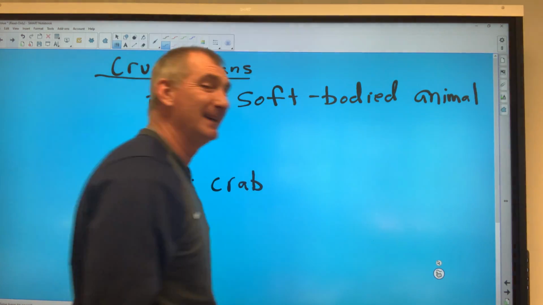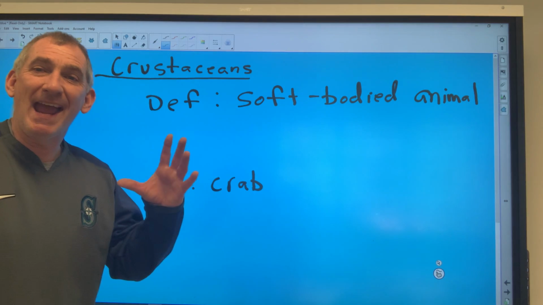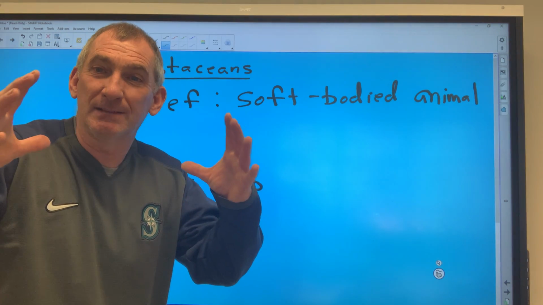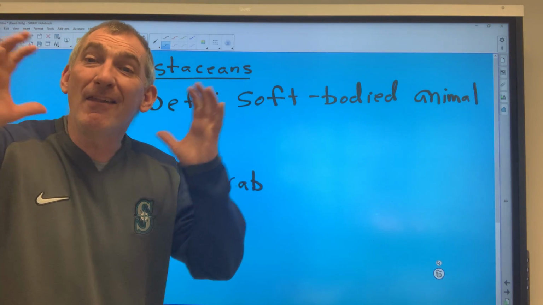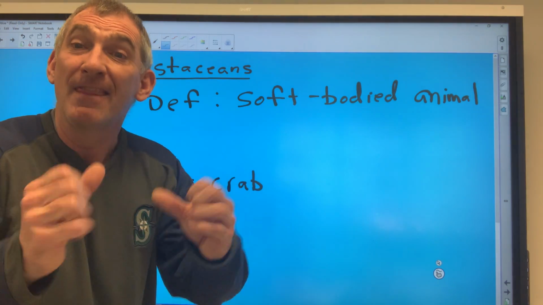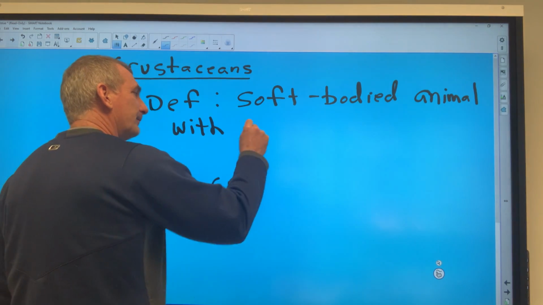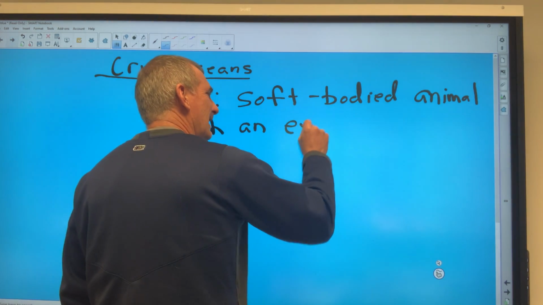How is a crab different from a clam? What they have is this exoskeleton that goes around them. Rather than a shell that they're living inside, it's an exoskeleton that forms around their body.